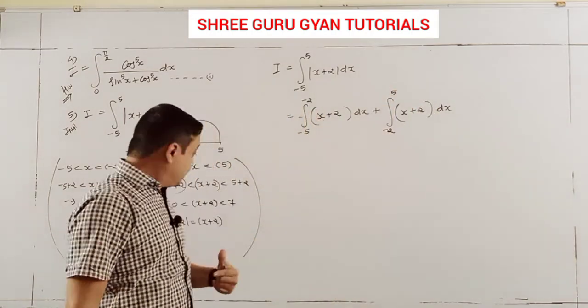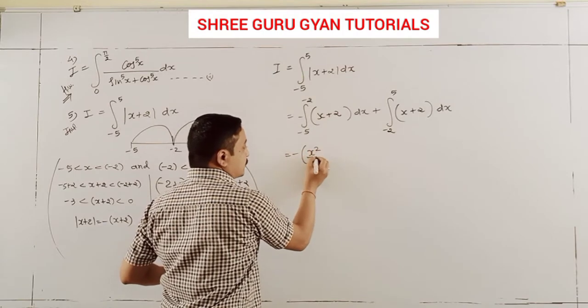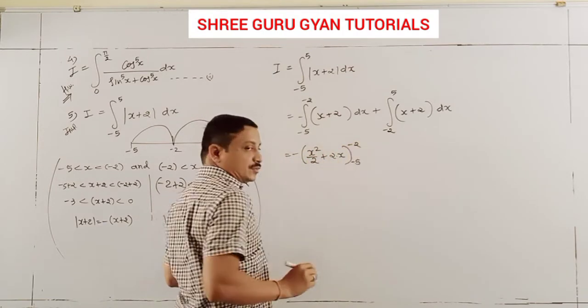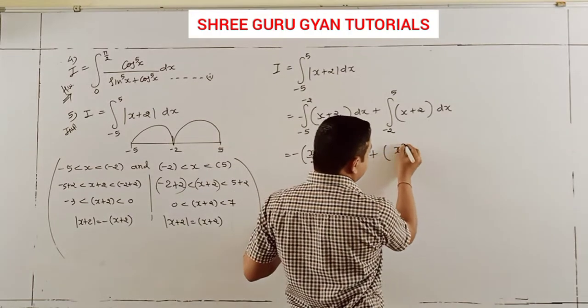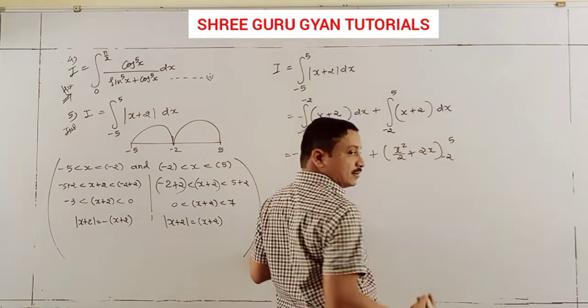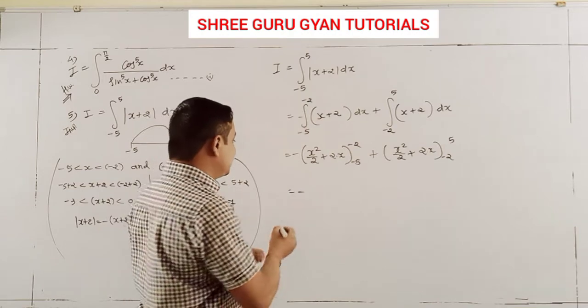Are you clear why negative? This condition wise. Now I take integrations. Square by 2 to x, minus 5 to minus 2, and here same, x square by 2 to x, minus 2 to 5. So my answer is ready now, and calculation is easily.